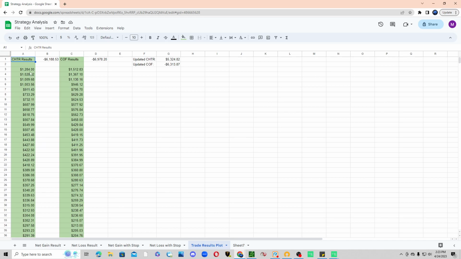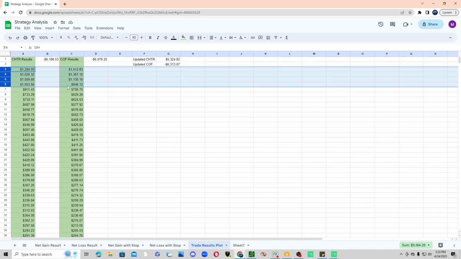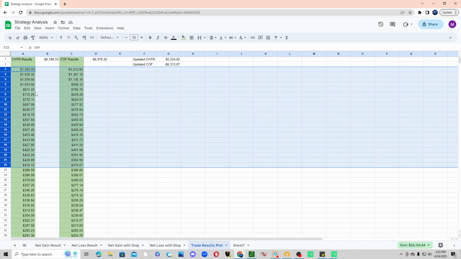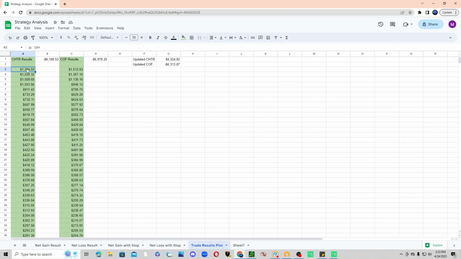So here I have a strategy, and we're just going to look at this part right here, which is the results. Okay, so this is for CHTR, the stock, and this is for Capital One, the stock. Again, doesn't matter which stock we choose. The key here is just to understand the principle.